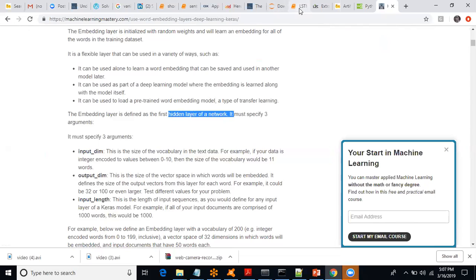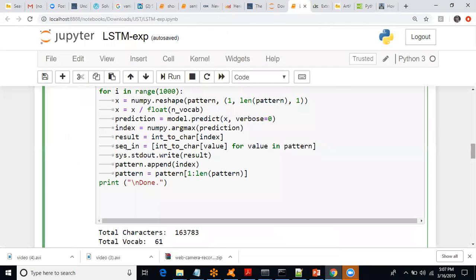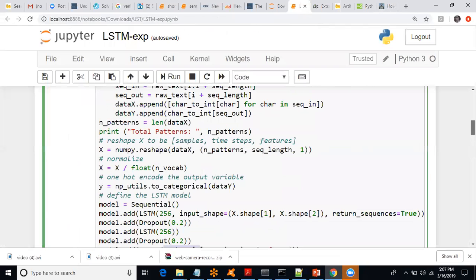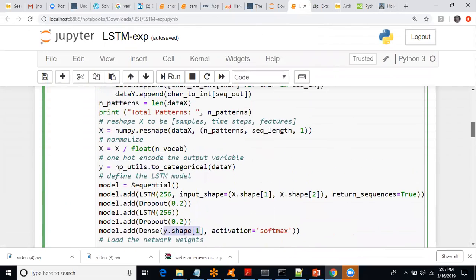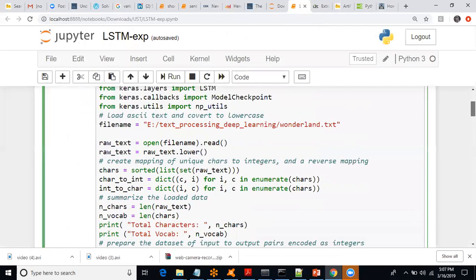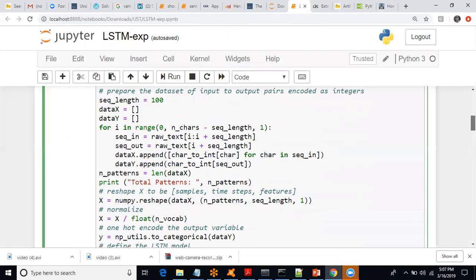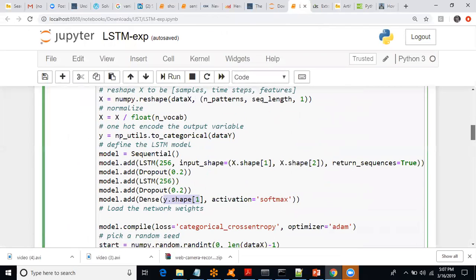I think here I have used Keras only. The first hidden layer is the first output, this one. So this is the embedding layer.